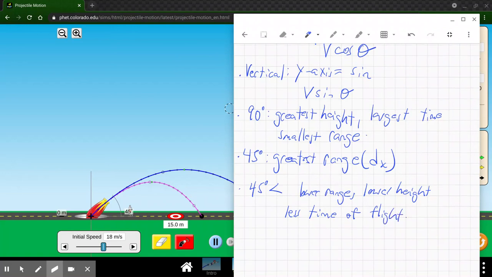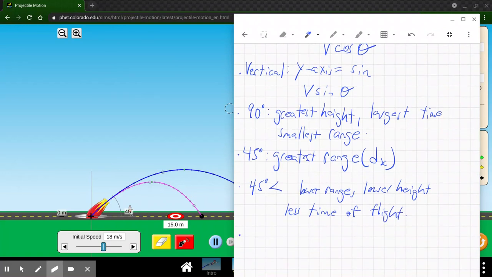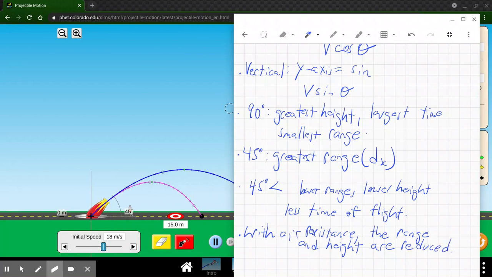And lastly, we said that with air resistance, the range and height are reduced. So there we go.